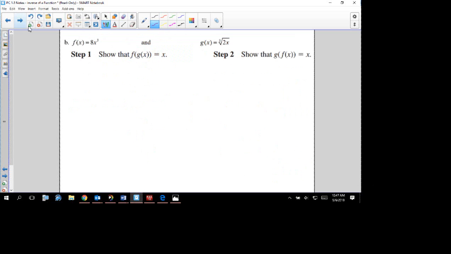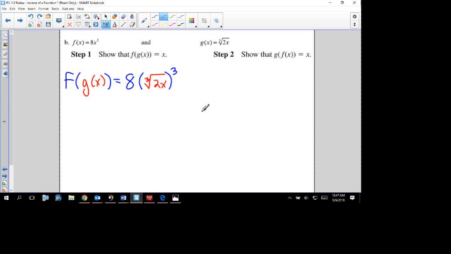So this is the same way we're going to do f of g of x. My f equation is 8, and my x becomes the parenthesis cubed. So wherever I see the x, I'm going to replace it with g of x, which is cube root of 2x.